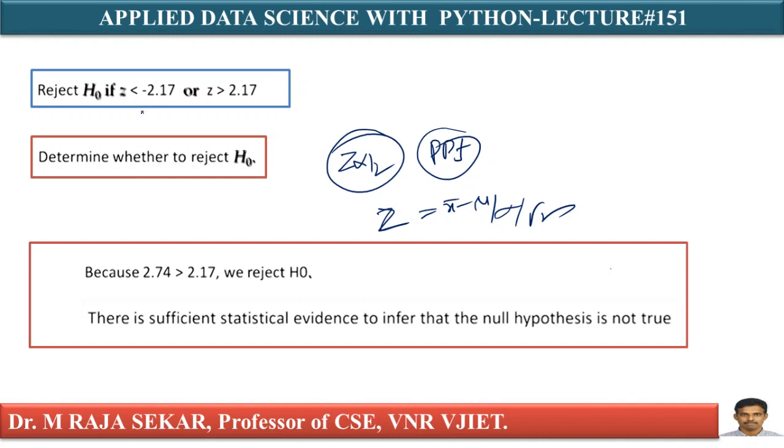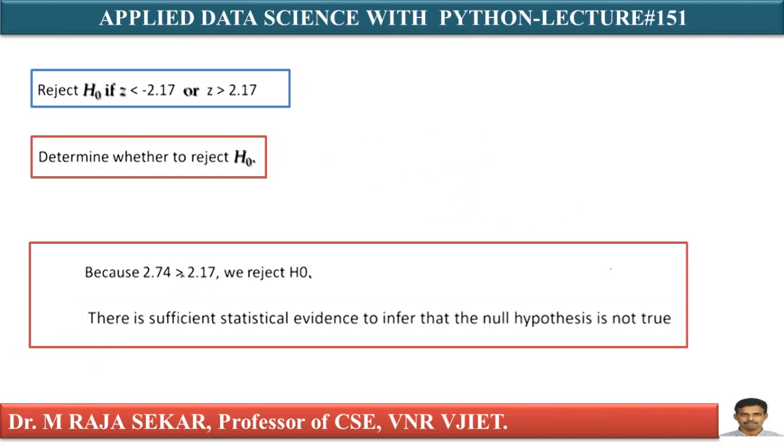If it is in between, I can say it will be accepted. But here, as your 2.74 is greater than 2.17, it is on the right side, in the critical region. Therefore, I must reject. It means I can say the null hypothesis is not true.